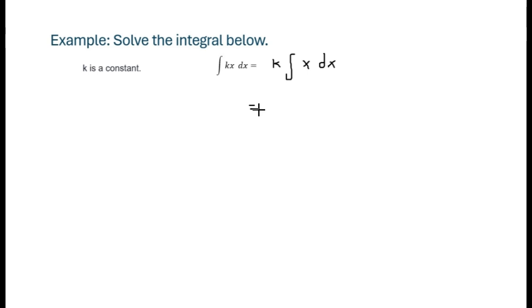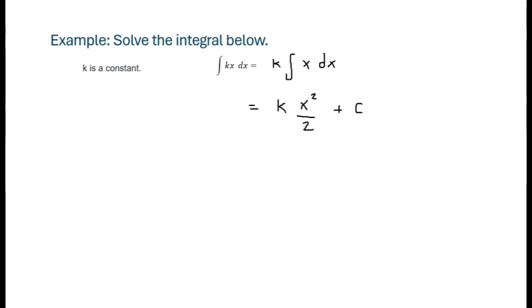And we're going to apply the rule that we just learned. So k and x to the first power, so plus 1. So we have a 2 here, and we have to put a 2 in the denominator. And don't forget the plus c.